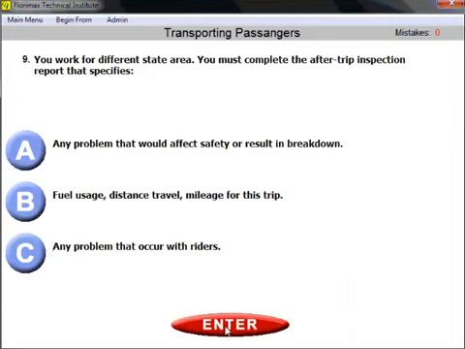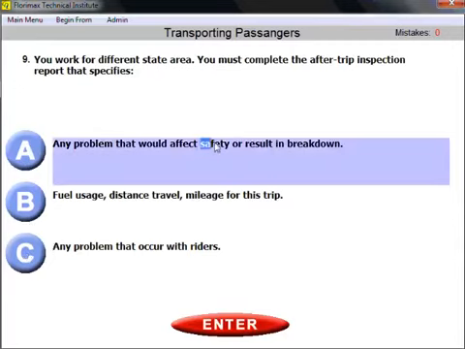Question number 9. You work for a different state area. You must complete the after trip inspection report that specifies. That's for sure, you must complete this inspection report, and you are asked what this report should specify. And this report should specify any problem that would affect safety.